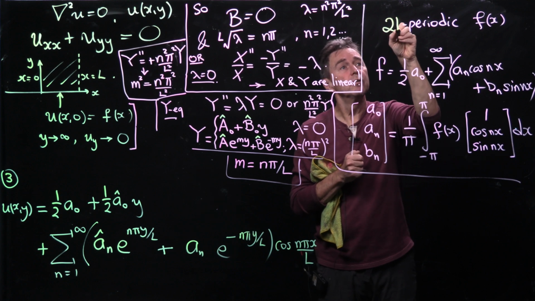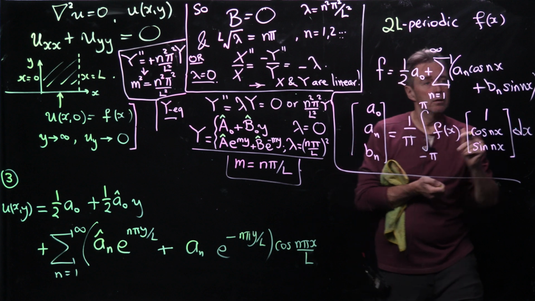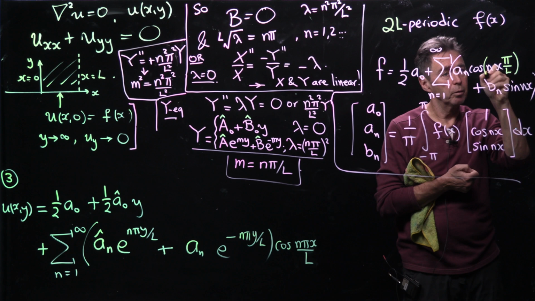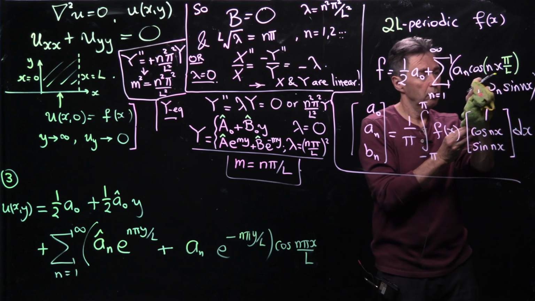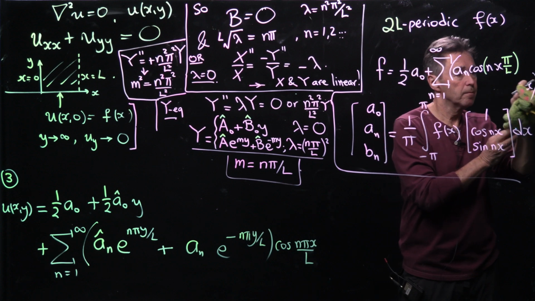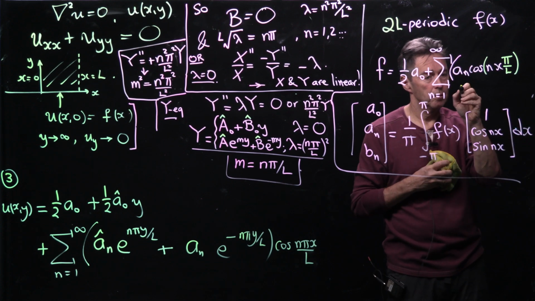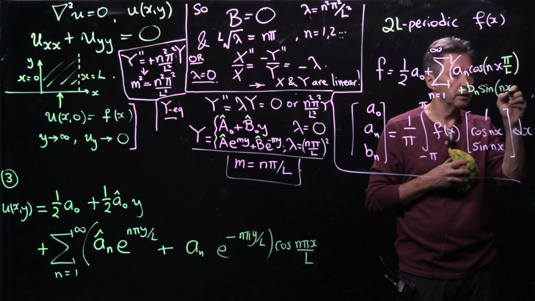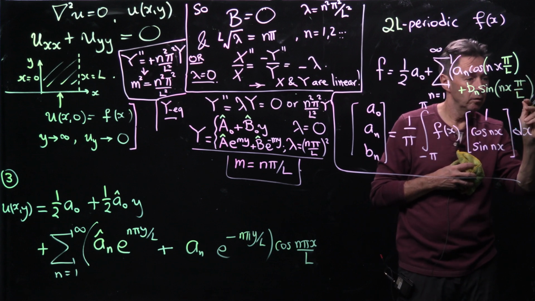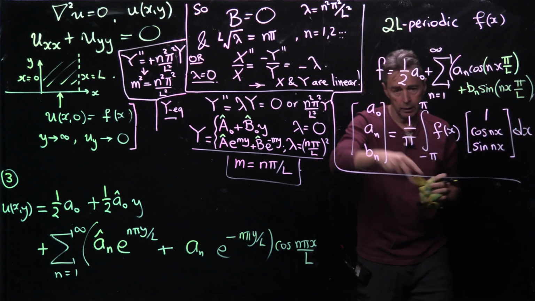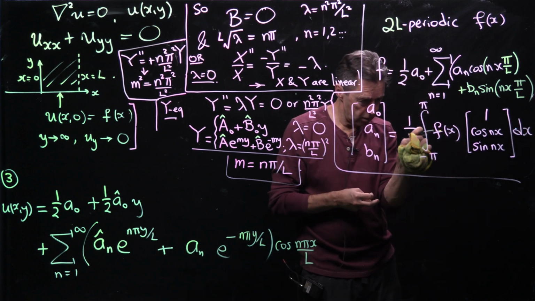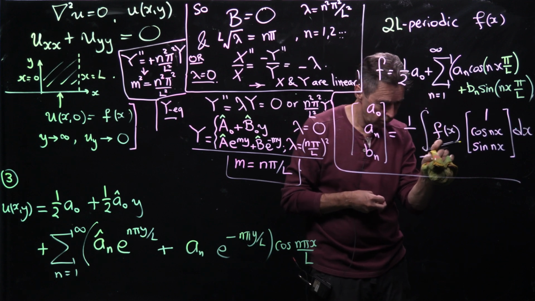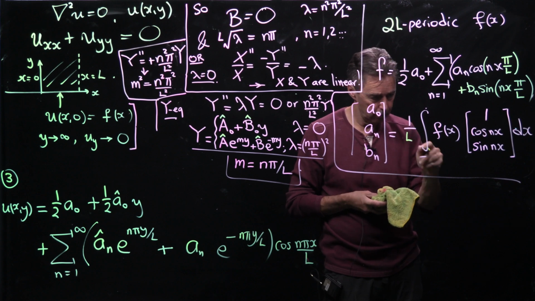So if we have 2L as the period, we come along and we multiply this argument there by pi on L. I'll do it in here as well. So nx becomes nx times pi on L. And then here, instead of pi's, I get L's.